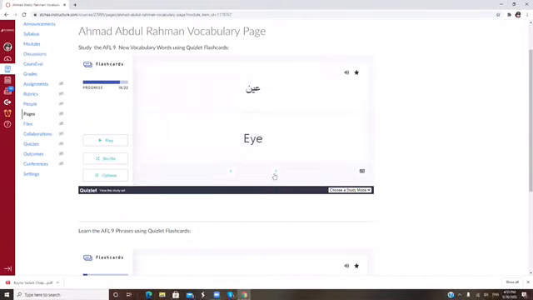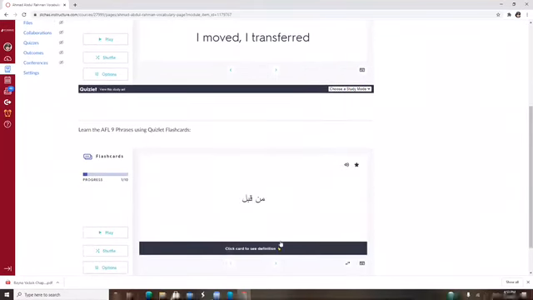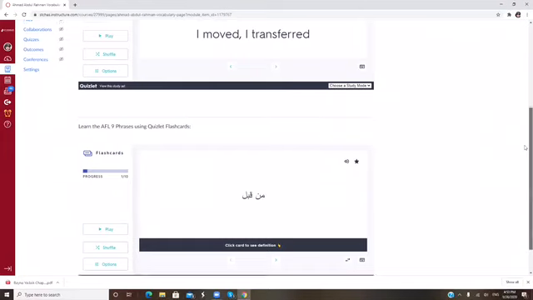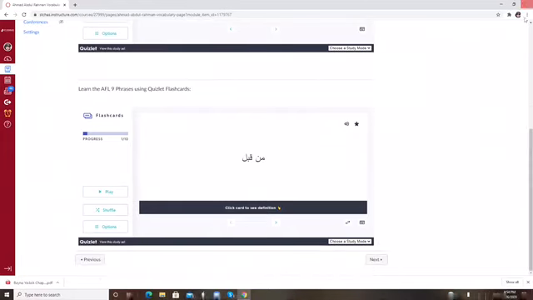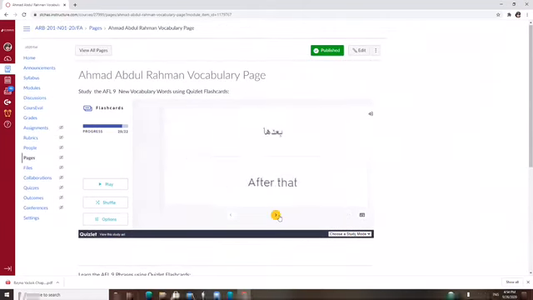I'm not sure that these are all the right words. Maybe, I don't know. Okay, intaqaltu, I moved or transferred. I think these are from the next one, sorry. Badaha, after that.